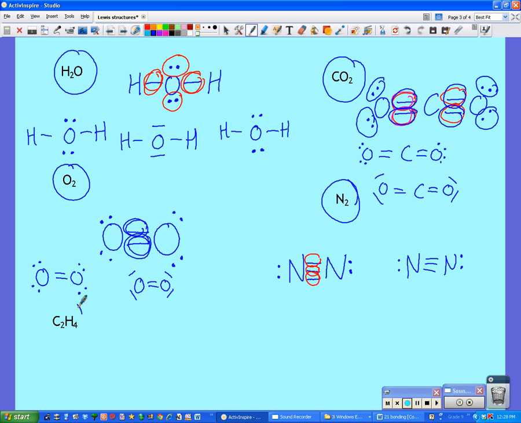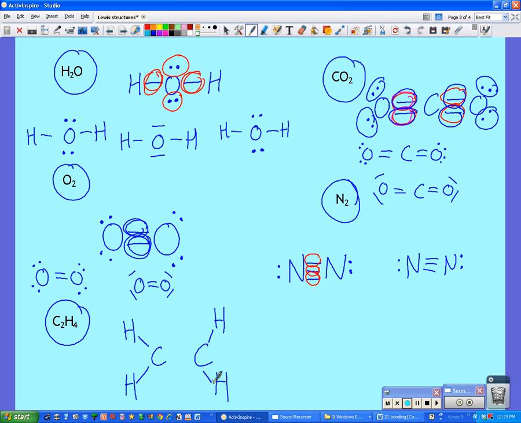Here's another one. This compound, remember, is called ethene. Carbon forms 4 covalent bonds, hydrogen just 1 covalent bond. Hydrogen then has to only be bonded to one other atom. And the only way that can work is by having the covalent bonds between hydrogen and the carbon atoms, like so.